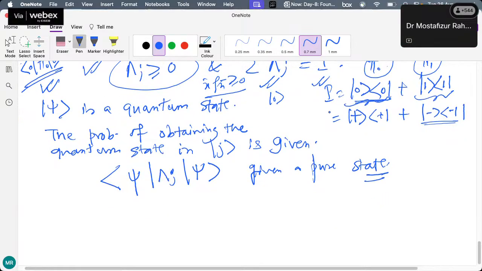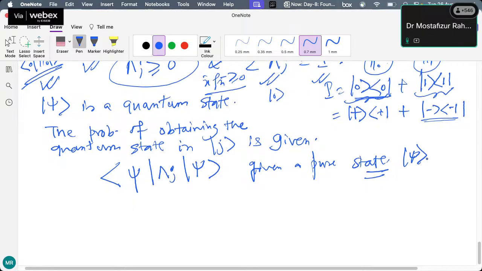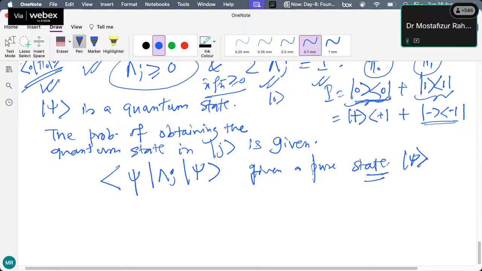So now the probability of obtaining the quantum state in j is given by this definition, the expectation psi, lambda j, psi, given a pure state psi. But there is another interesting definition of finding the probability.